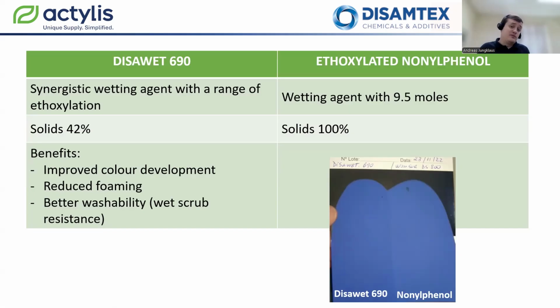So the performance difference in color development suggests more efficient pigment surface coverage and dispersion. And reduced foaming, you see there, indicates better dynamic surface tension control during application. So the example also reflects the industry shift away from APEO-based surfactants toward more environmentally compliant alternatives. Okay.